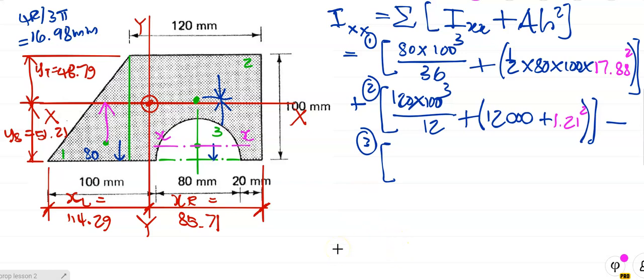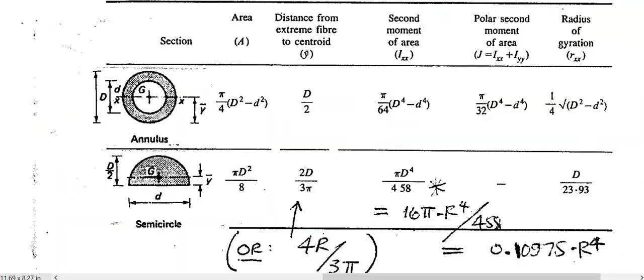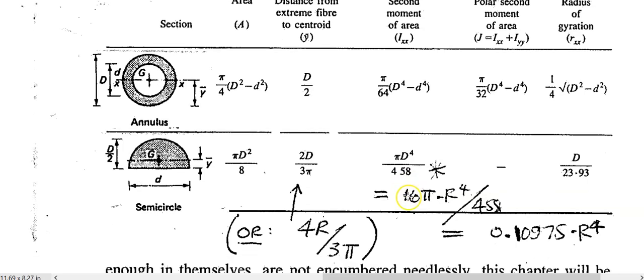The formula for the second moment of area of a semicircle about its x-axis is given by that there: pi d to the fourth over 458. If you work all that out, it's either that or that, but we're going to use that one because this is all rounding, and using that will give you a slightly better answer.